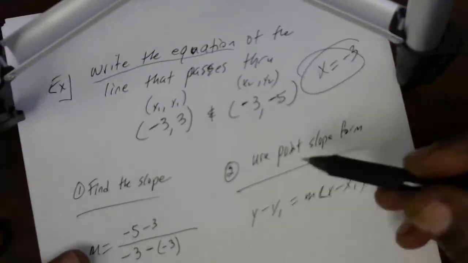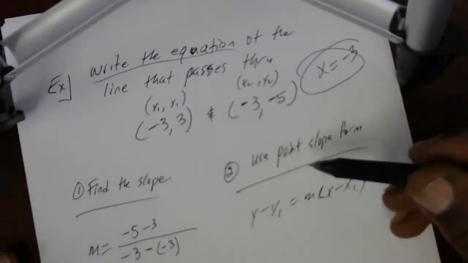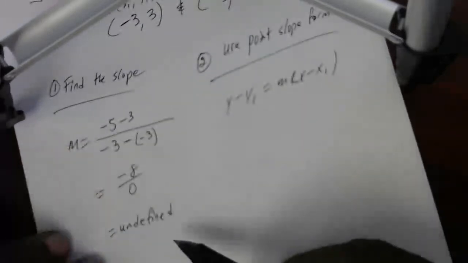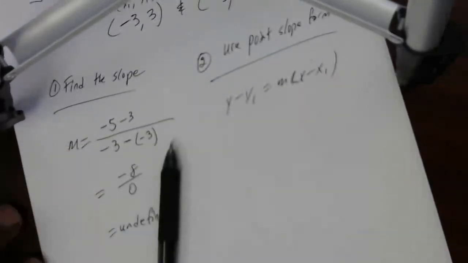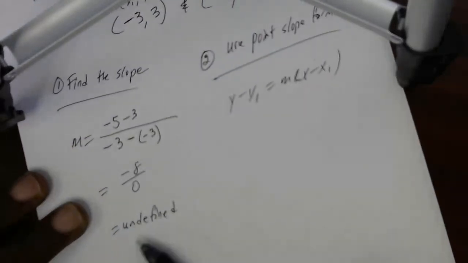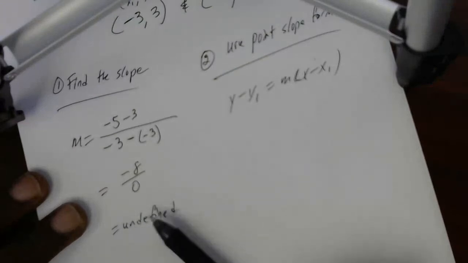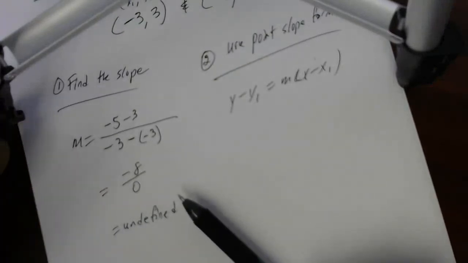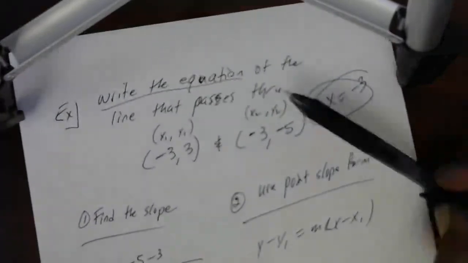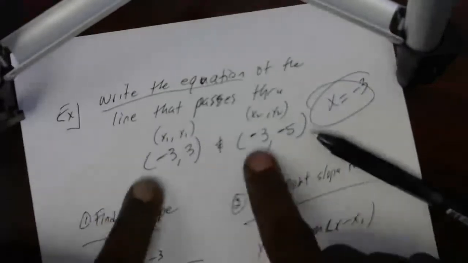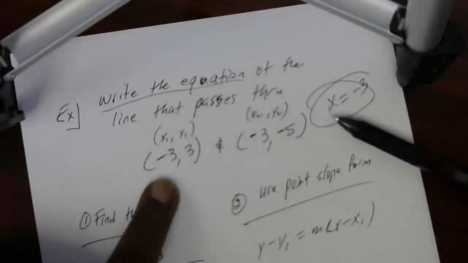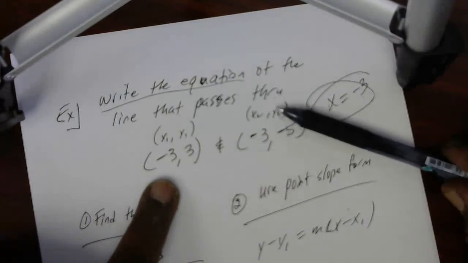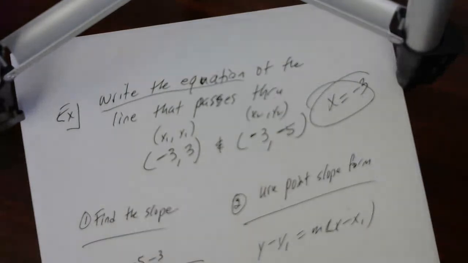It breaks down when you use point slope form, and if you find the slope, you may think you are running into some trouble because you get something that looks kind of weird. You don't get an actual number value. So here's what's going on. Both of your x coordinates are exactly the same, so it's an x equal to, it's a vertical line.